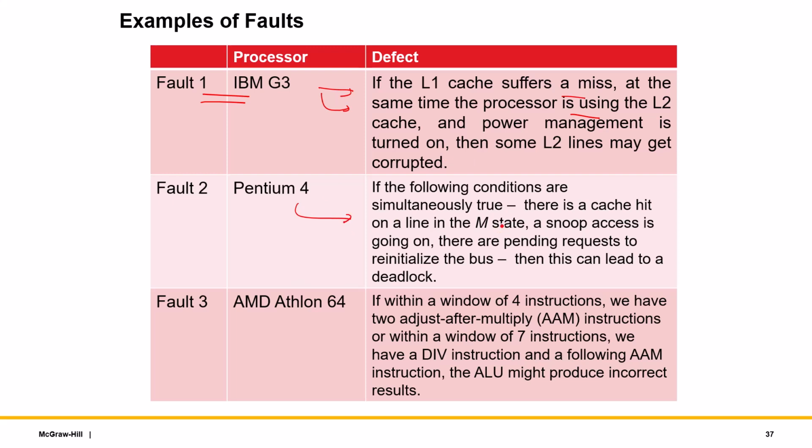Pentium 4, again several conditions that are true. There is a cache hit on a line in the M state, a snoop access is going on, and the bus you are trying to reinitialize. Again, if there is a firmware fix, which is that if the bus is being reinitialized, freeze all accesses, that would fix the problem, because otherwise this may lead to a deadlock.